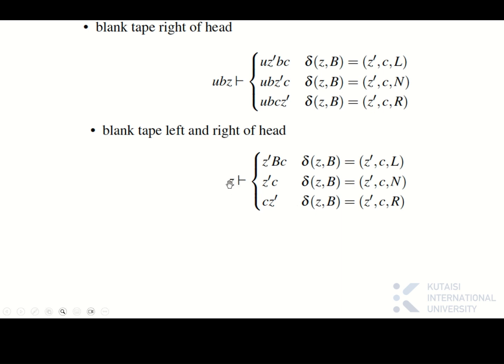If you're in Z, you can think of it as a state and there's nothing on the tape. What does it mean to go left? You should act like there's a blank, as if B is written there. So you read B, whatever your delta tells you, let's say your delta tells you to write C, you write C and go left, you introduce one more B between C and B. And in the same exact way, you stay neutral or go right.